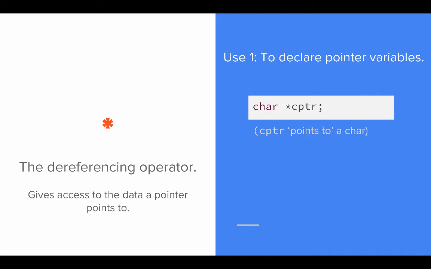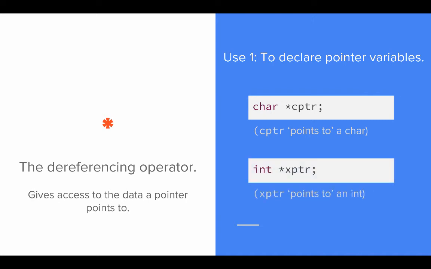So you're replacing that with English. So I have a variable c pointer that points to char. Another example, if I want a pointer that points to an integer in memory, I can write int star x pointer. And reading it backwards, I say x pointer points to int.